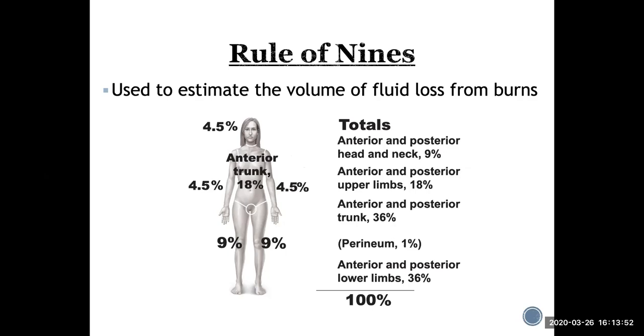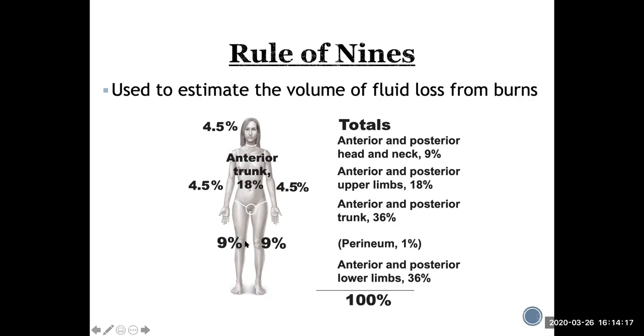The anterior part of your trunk is 18% of your body surface. The posterior of your head is 4.5%. Posterior trunk is 18%. Front of your upper limbs, 4.5. Back of your upper limbs, 4.5. Front of your lower limbs, 9%. Back of your lower limbs, 9% each per limb, right?